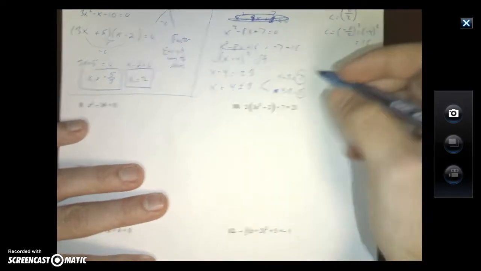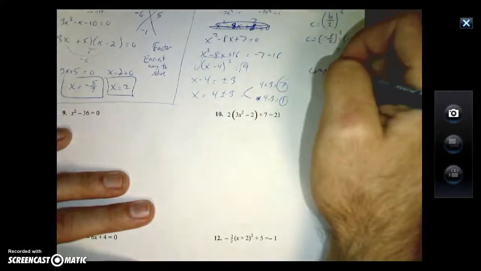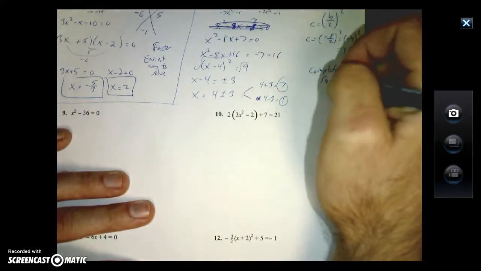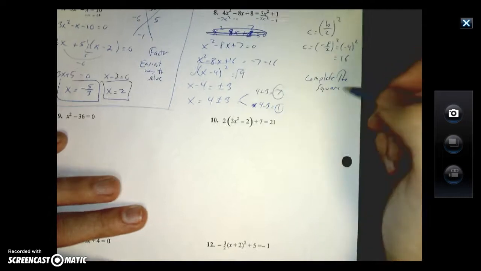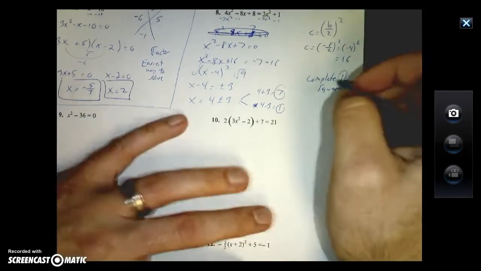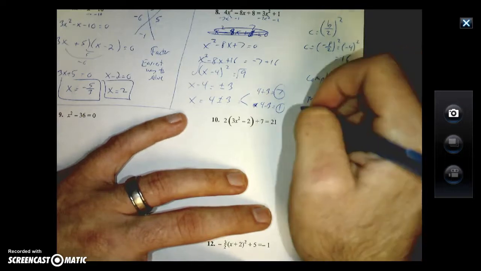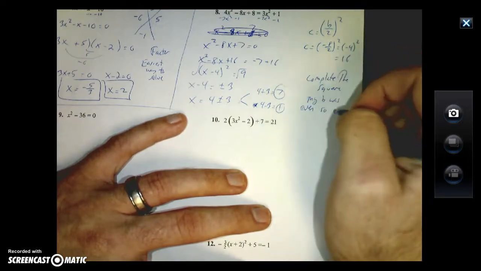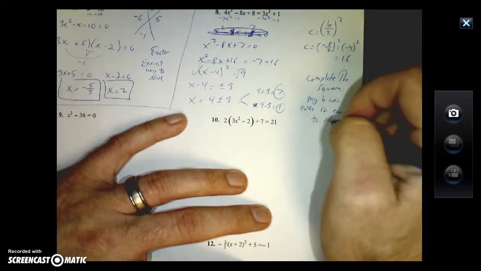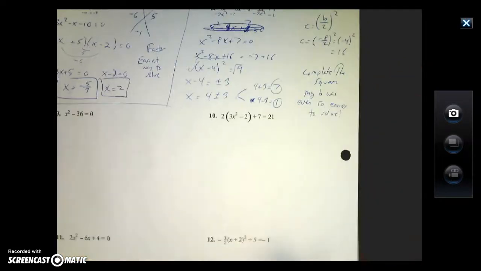Here are my two answers. So we did complete the square. And your explanation honestly can be, my b was even, so easier to solve. I don't care, that's all I'm looking for.